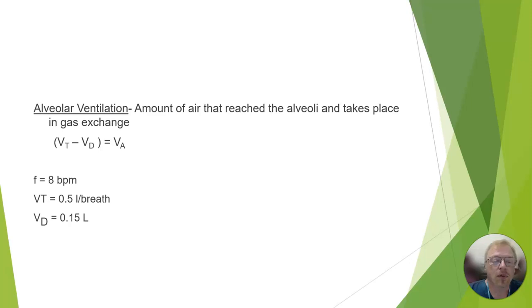So if I plug the numbers into the equation, I have 0.5 for my tidal volume minus 0.15 for my anatomic dead space, and that means 0.35 liters or 350 milliliters of each breath is actually making it to the alveoli.